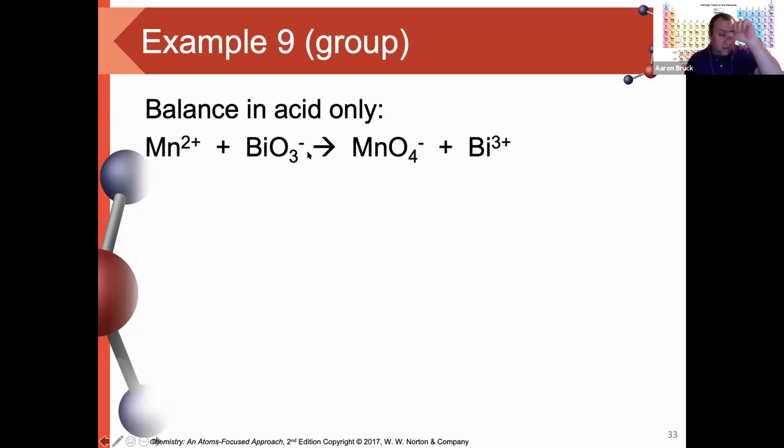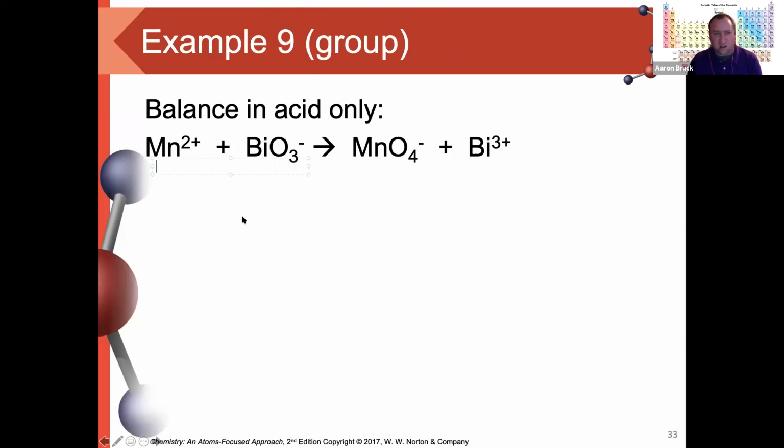So this says that we're going to balance it in acid only. We're going to balance it using the half reaction method just to show it off. So our first step in this method is the same as the first step it was in the previous method as well, assigning oxidation numbers.